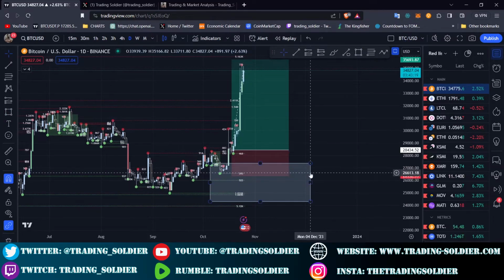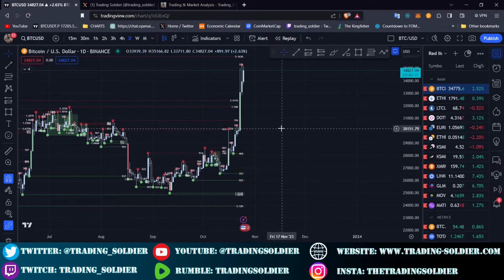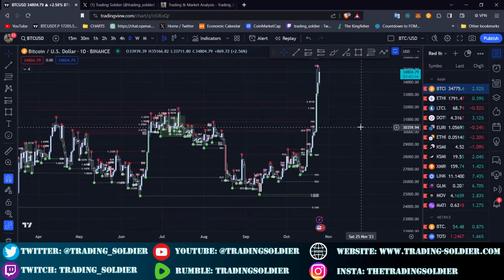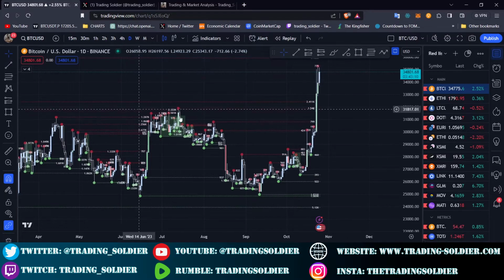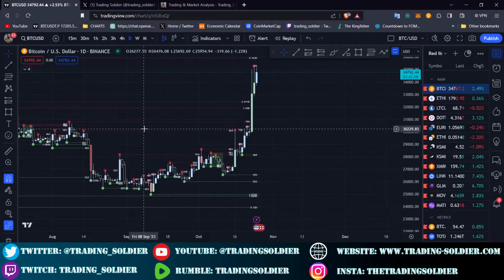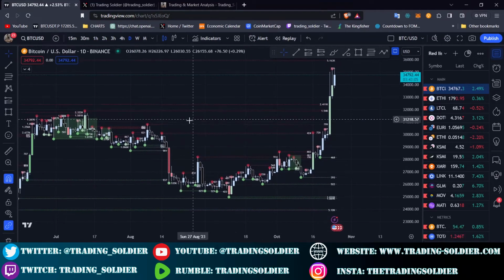So I wanted to share this indicator with you, even though I'm not using it right now, because I know where the liquidity is just by looking at the chart. I don't need an indicator.